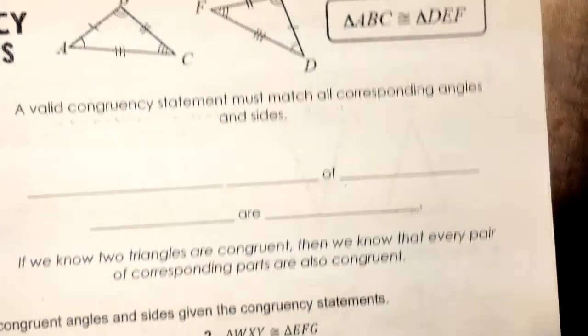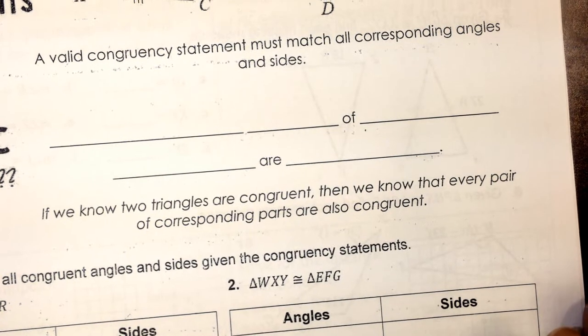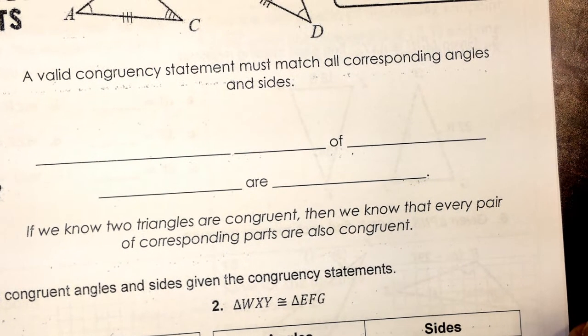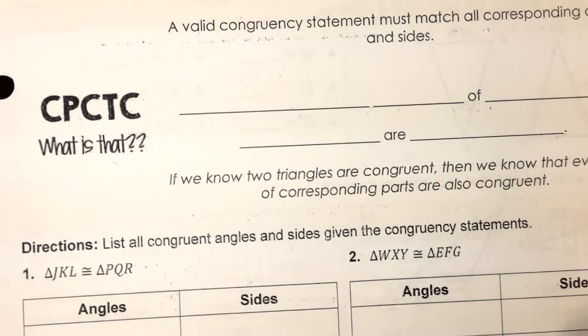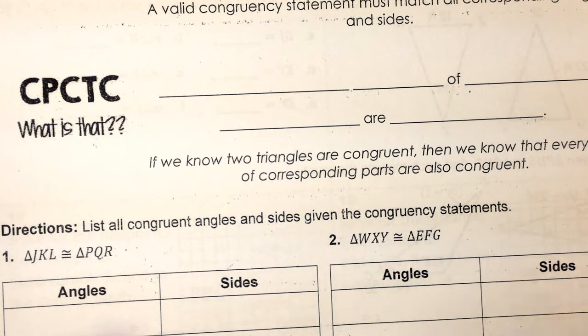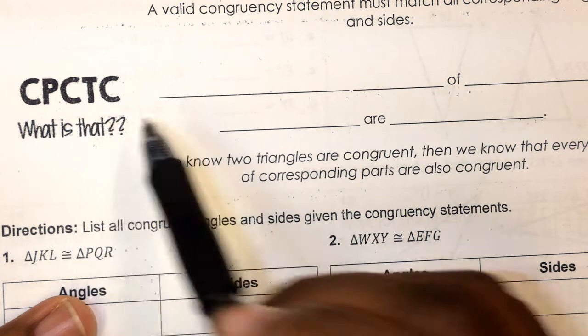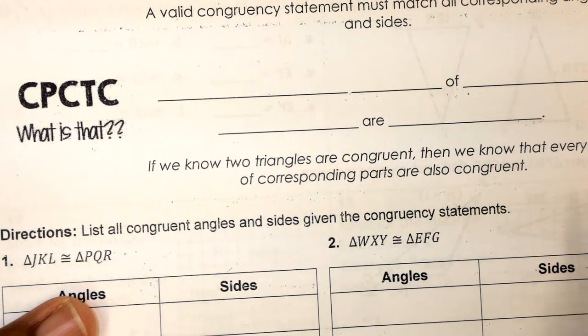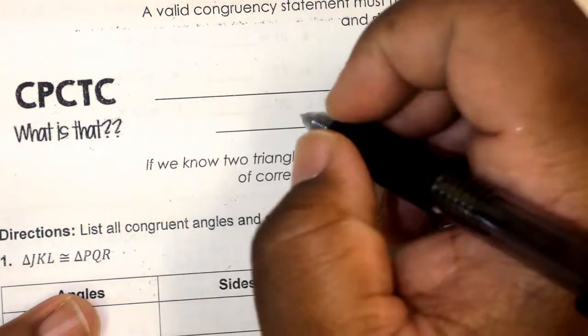Next thing, a valid congruency statement must match all corresponding angles and sides. This is called a CPCTC statement. What is that? And y'all gonna hear me say this a lot. Y'all gonna get tired of me saying this. CPCTC. I say it fast. Whatever.